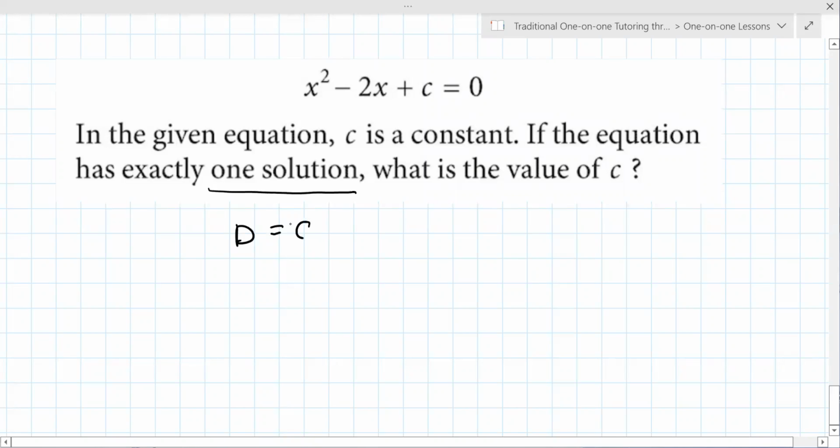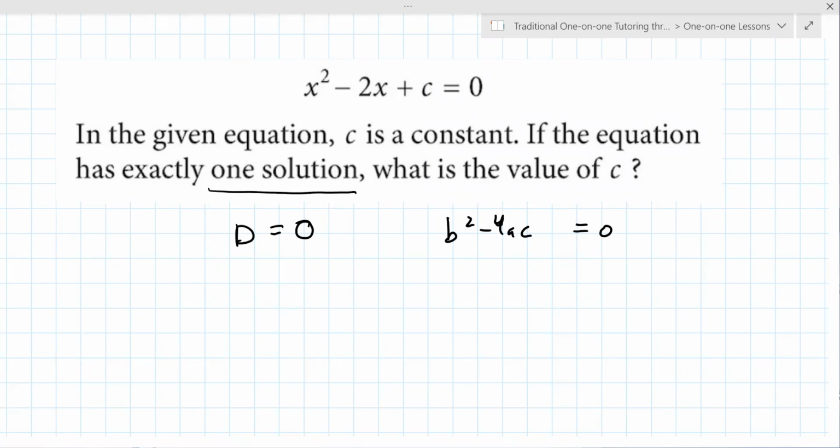It's got to be greater than 0. Sorry, equals 0 for one solution. Okay, so I want you to do the B squared minus 4AC for this, but set it equal to 0. Is it clear what I'm asking you to do or not? Yeah. Okay, give that a try, please.